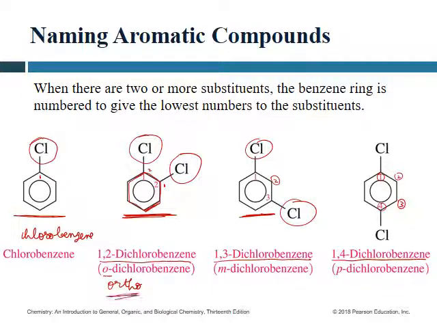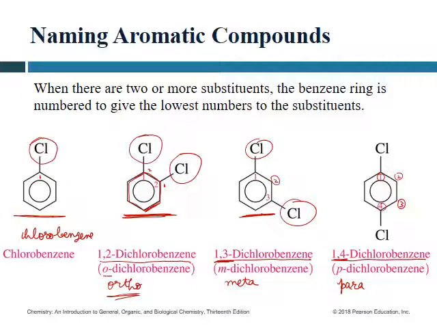Ortho means on benzene we have a substituent on carbon 1 and carbon 2. If the substituent is present on 1 and 3, it is called meta. If the substituent is present on 1 and 4, it is referred to as para. These are just common names used instead of numbers.